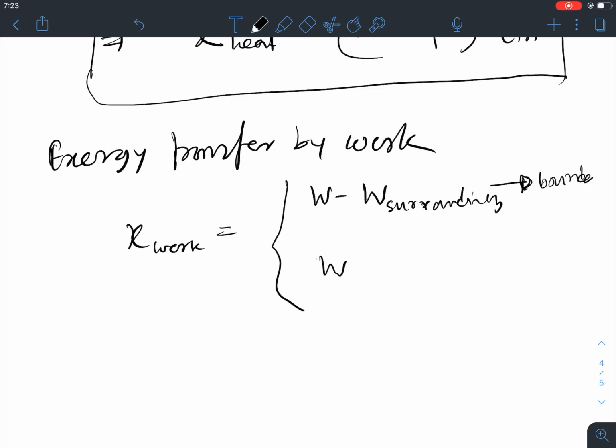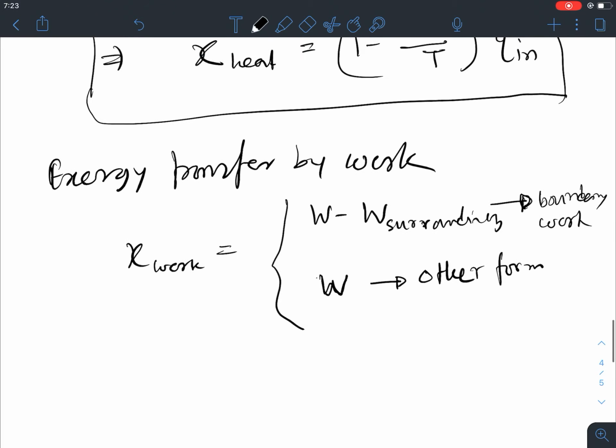So the first case is if you have a boundary work, and if you don't have the boundary work, not crossing the boundary, then for any other form that doesn't have the boundary work, this statement will be applicable. So this is the expression for exergy transfer.